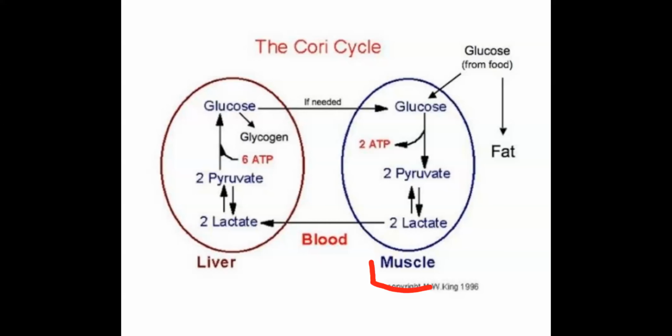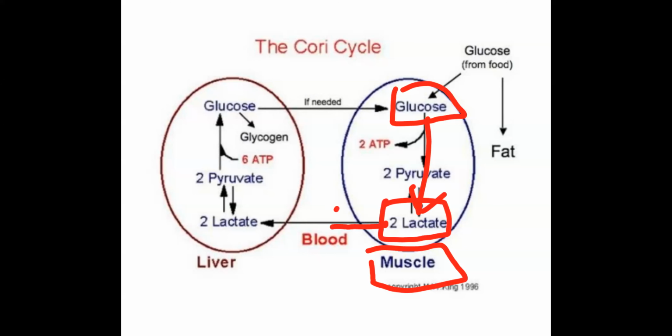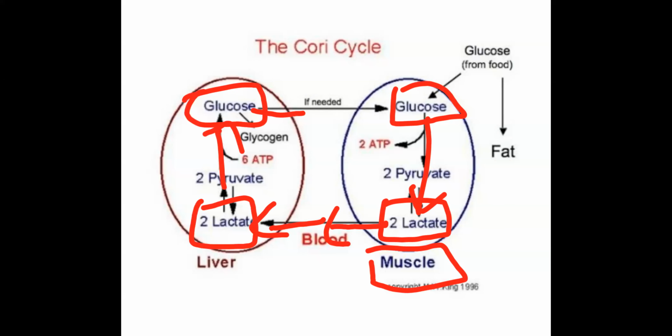In the muscle part, glucose gets converted into lactic acid. It came out into the blood. Via blood it reached the liver. In the liver, lactic acid is converted back into glucose. That glucose comes out into the blood.